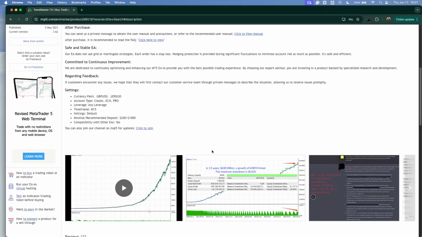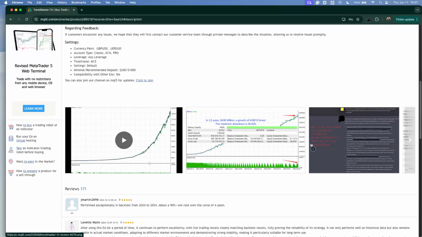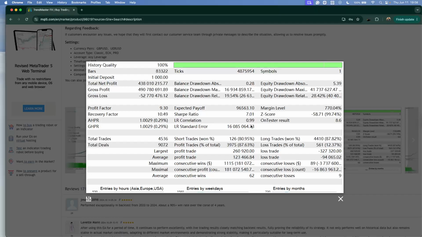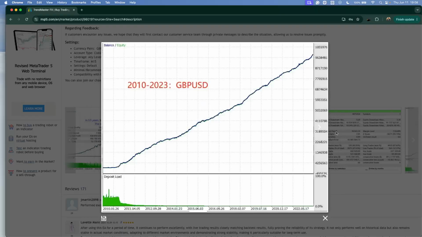They show massive backtest results, like over $438 million in total net profit from a $1,000 deposit. Profit factor around 9.3, and there is the 87% win rate. There is also a super low drawdown and high recovery factor. There are lots of customizations with risk modes.